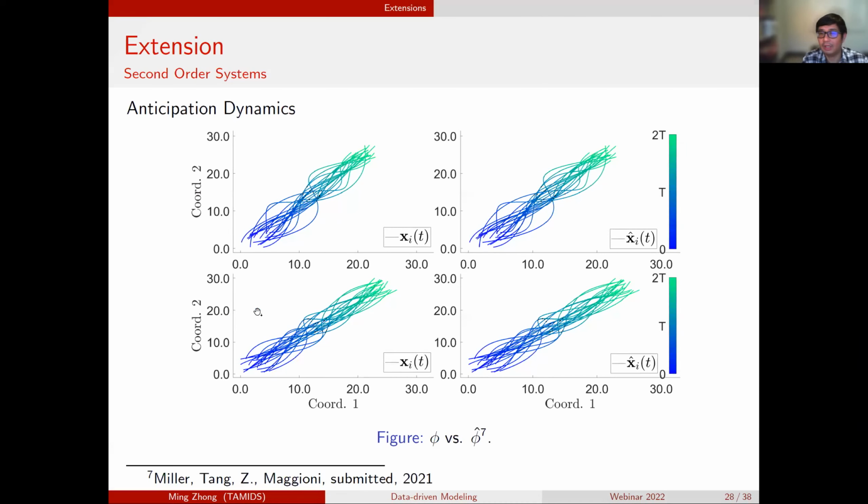And then we can also have an even more complicated flocking model. This is so-called anticipated flocking, which means that the birds anticipate the position of their neighboring birds at a future time, just a little bit ahead.